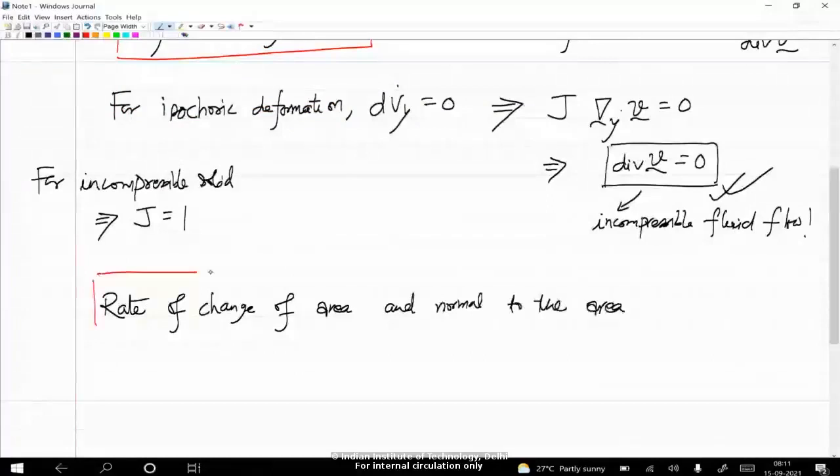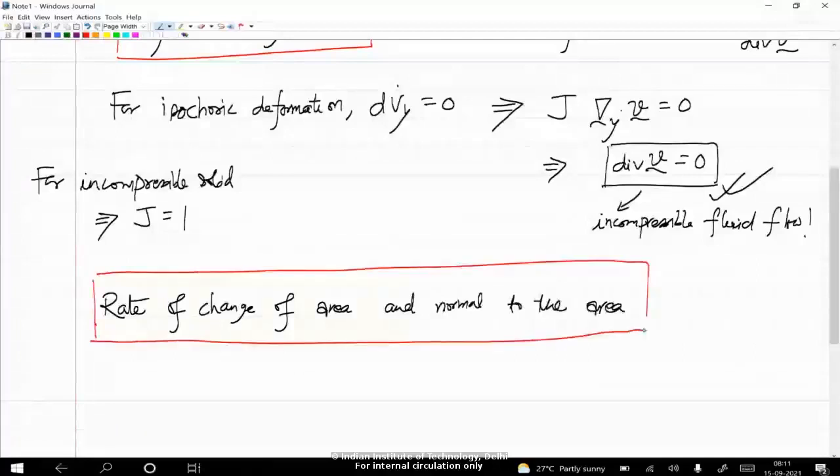But this is something I'm not going to do. But this is a probable question for the minor examination. So try to work it out on your own. Okay? Rate of change of area and normal to the area. How these two quantities are changing with time.